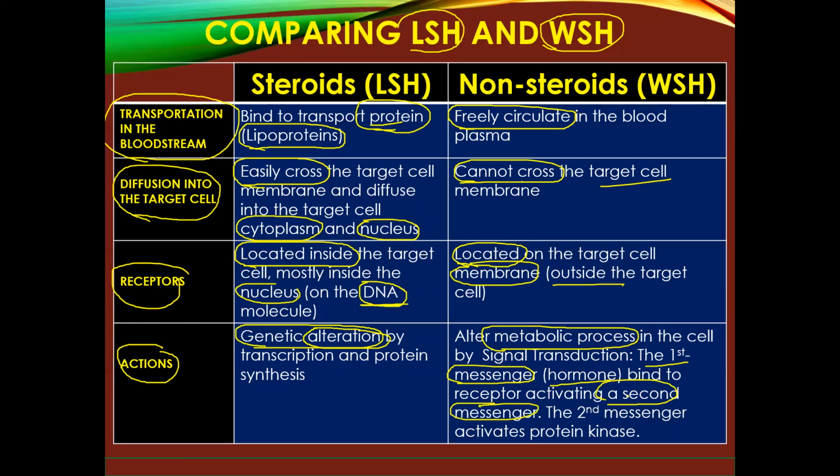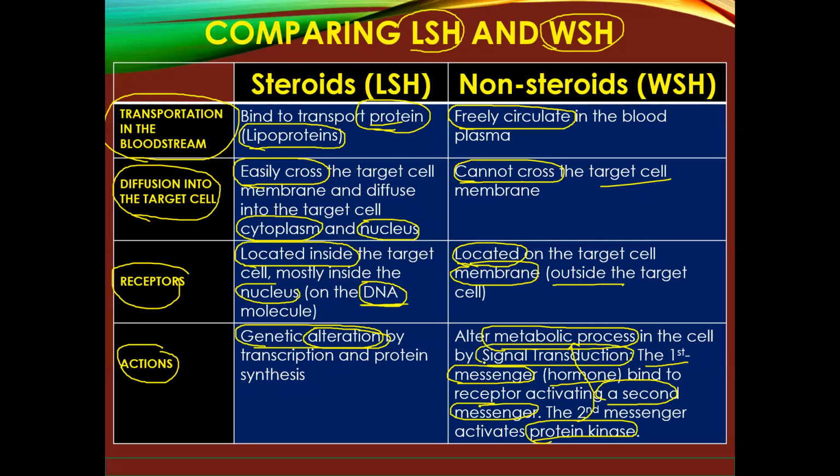This second messenger activates protein kinase, and this protein kinase changes the metabolic process inside the cell. The process from the first messenger to the second messenger and then activation of protein kinase is called signal transduction.